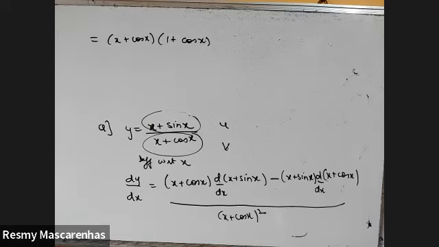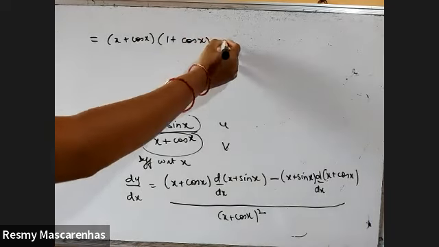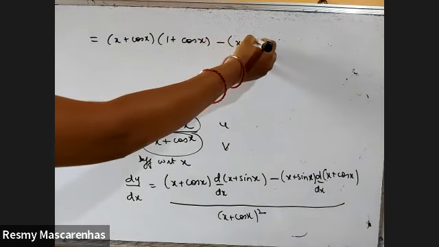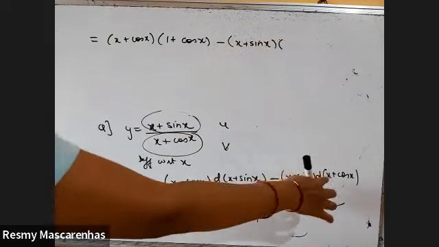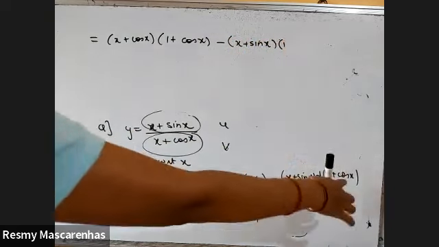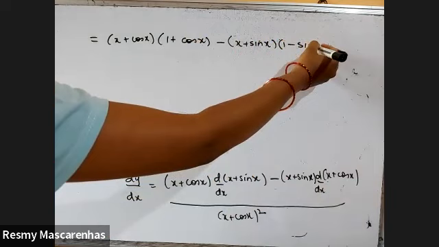The derivative of x is 1, the derivative of sin x is cos x. Minus, the derivative of x is 1, the derivative of cos x is minus sin x.